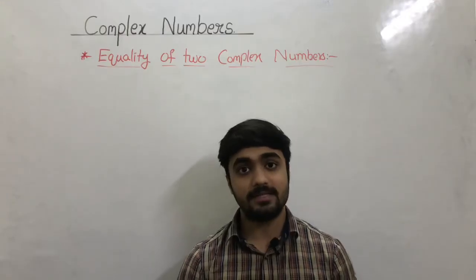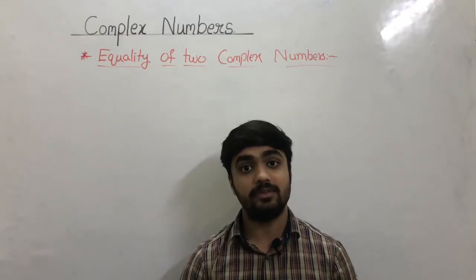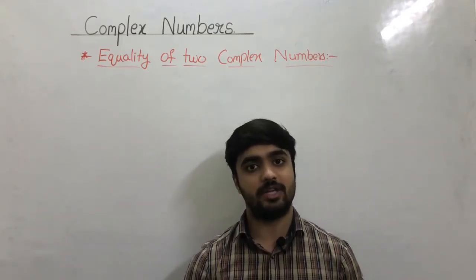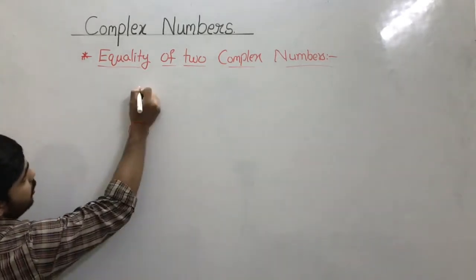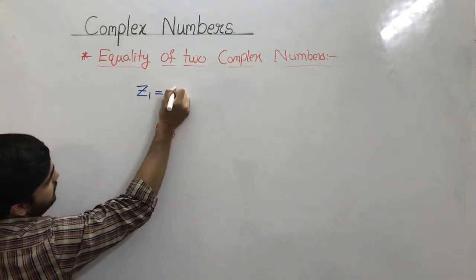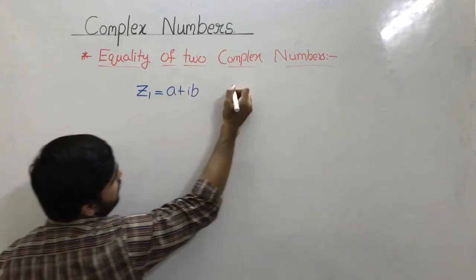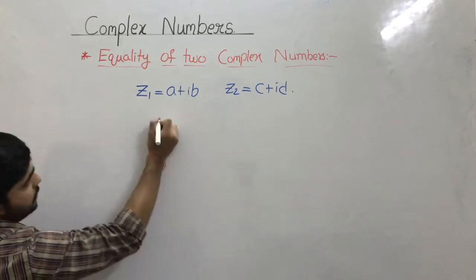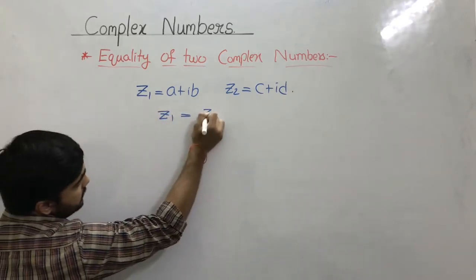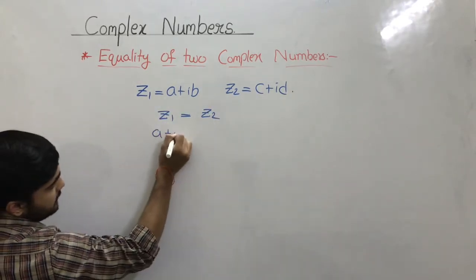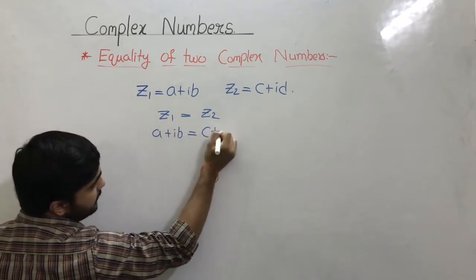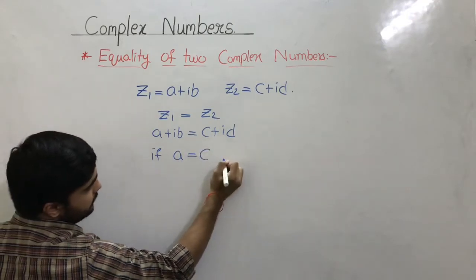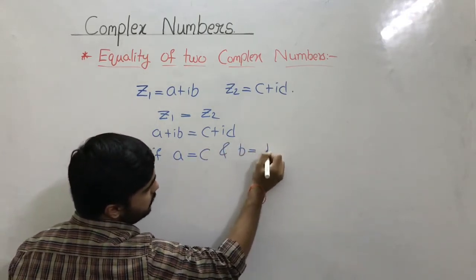Two complex numbers are said to be equal if and only if their real part is equal to real part and imaginary part is equal to imaginary part. That is, if we have two complex numbers such as z1 is equal to a plus ib and z2 is equal to c plus id, now z1 will be equal to z2, that is a plus ib will be equal to c plus id, if and only if a is equal to c and b is equal to d.